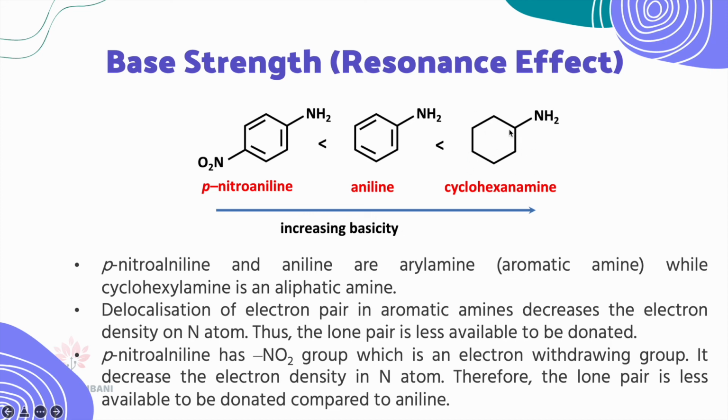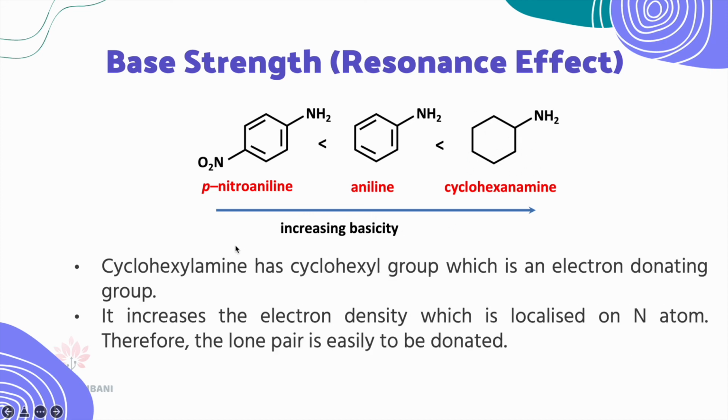This cyclohexanamine has a cyclohexyl group here, a cyclic ring. This is an R group. The R group is an electron donating group. So this R group can donate electron to the N. When it donates electron to N, that makes N have higher electron density.